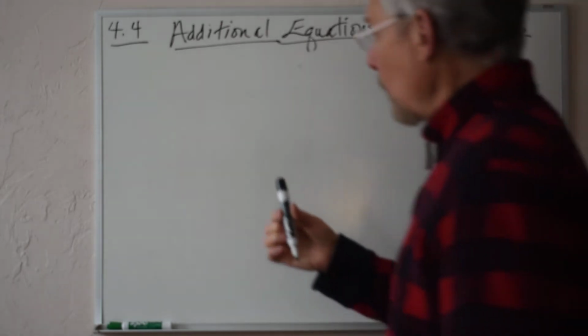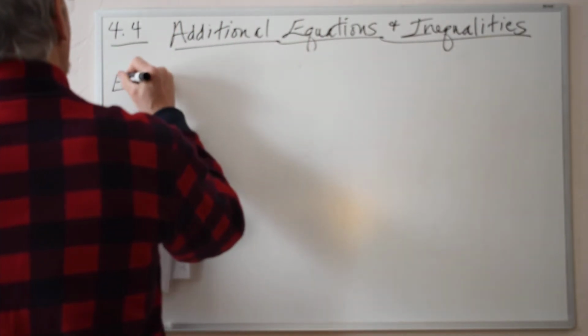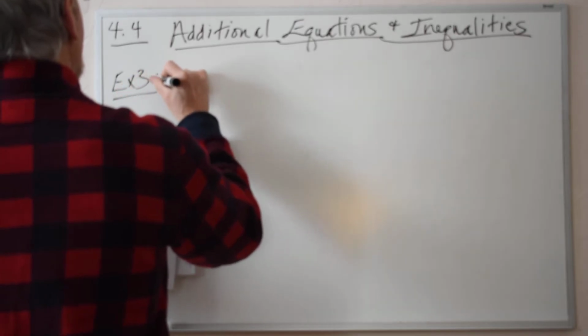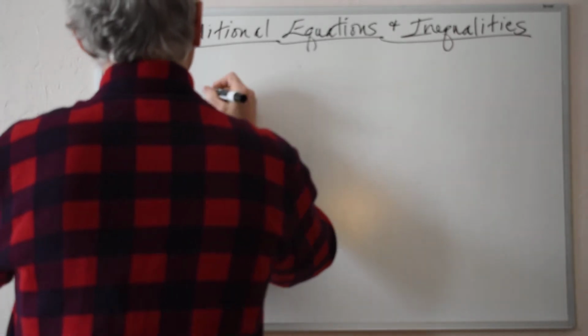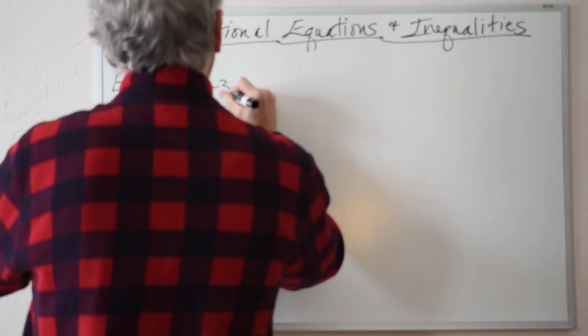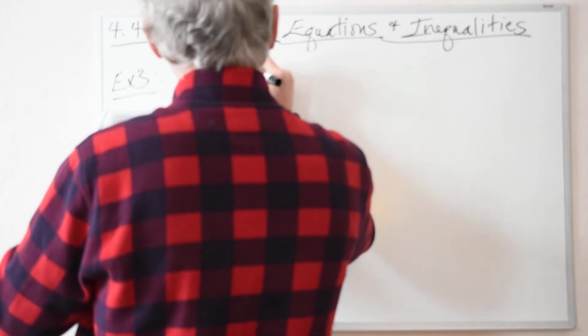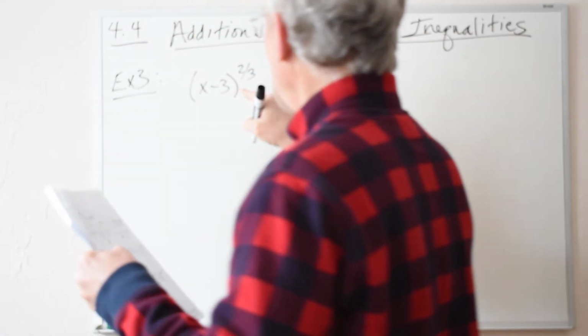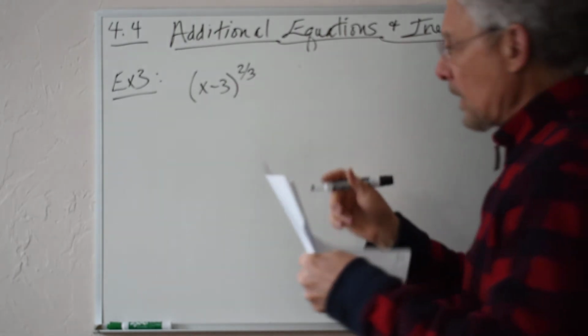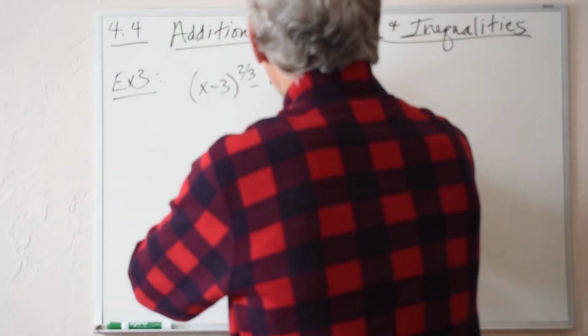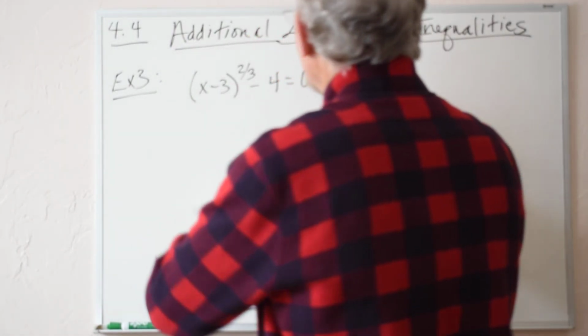So in example 3, we have the quantity x minus 3 raised to the power 2/3 minus 4 equals 0.